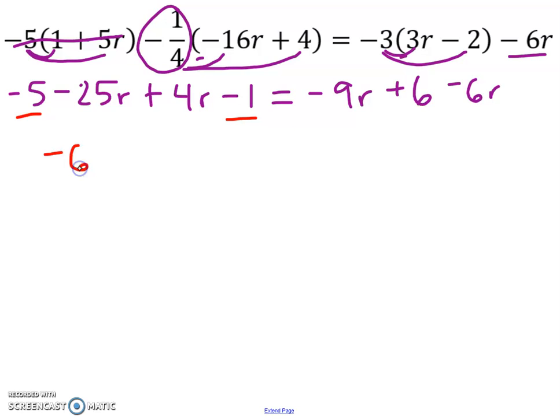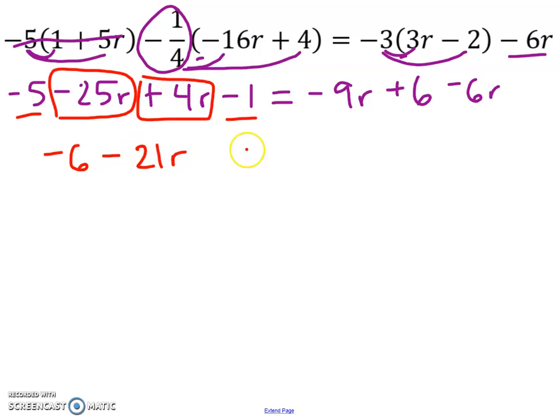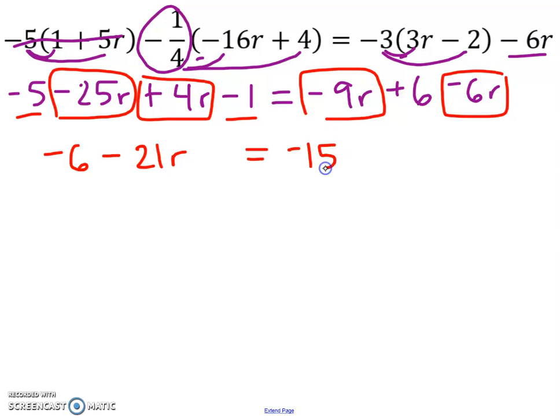So I have negative 6. And then I have negative 25r and positive 4r. That's negative 21r. And now I go to the other side. Remember, you only combine on the same side, not across the equal sign. All right, we have negative 9r and negative 6r is negative 15r. And then we have the positive 6.